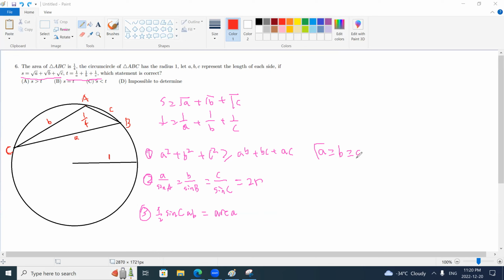But as long as this is not the case, then you don't need the equal sign here. As long as a pair of these A, B, C are different, then the left hand side is always greater. So that is the full formula.